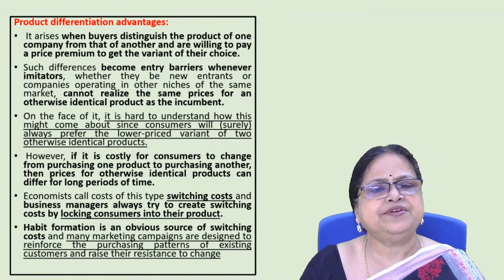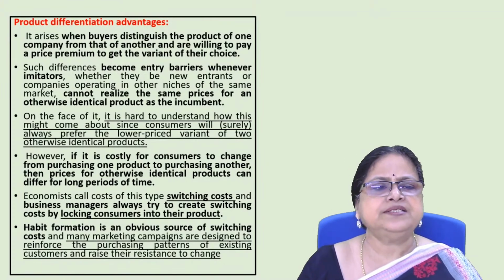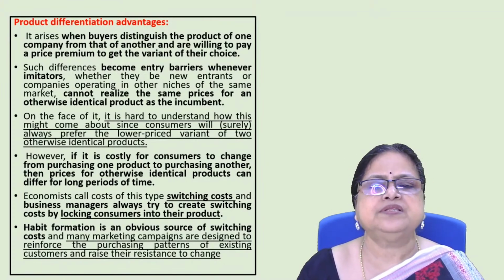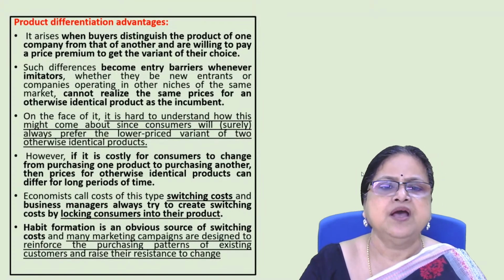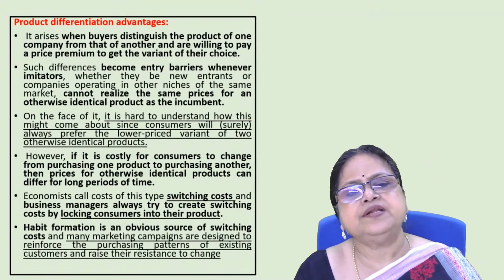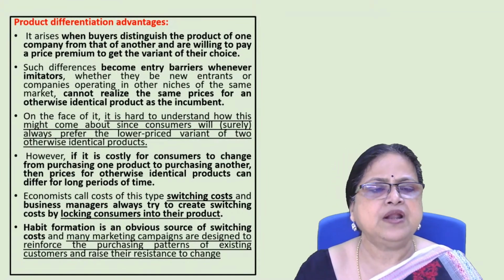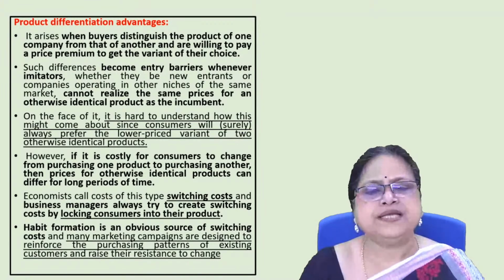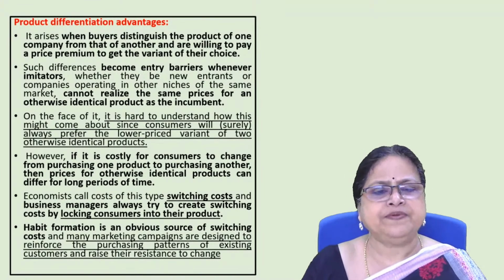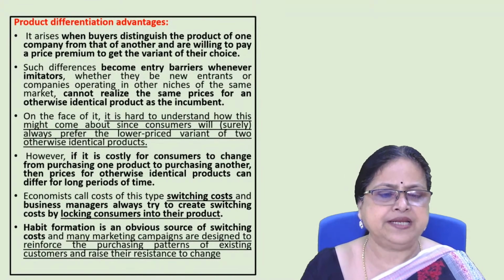Such differences become entry barriers whenever imitators, whether they be new entrants or companies operating in other niches of the same market, cannot realize the same prices for an otherwise identical product. But from the consumer point of view, we can say a consumer will always prefer lower priced variants.